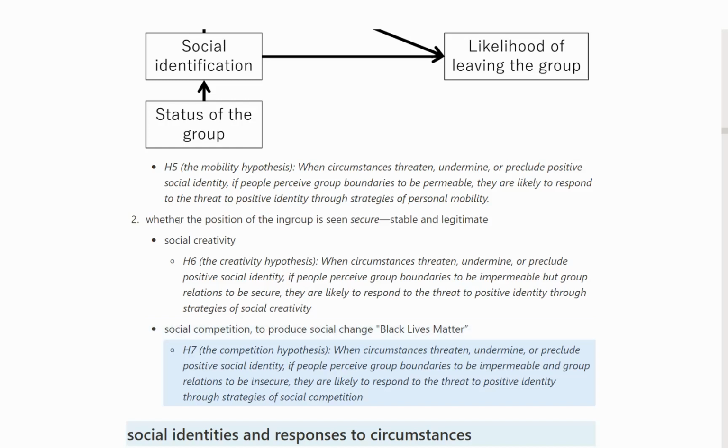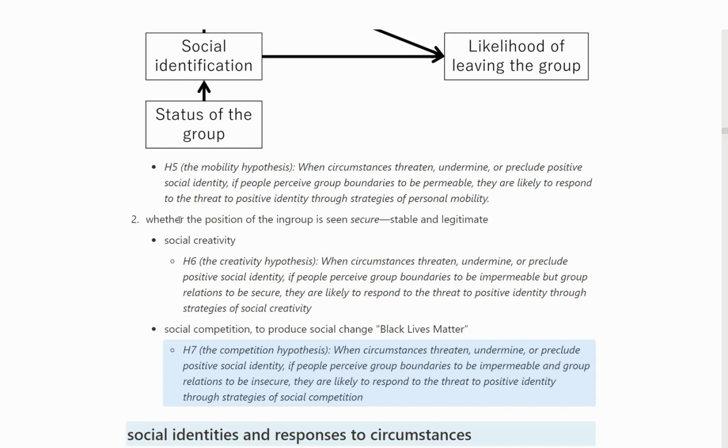So the hypothesis 7, the competition hypothesis. When circumstances threaten, undermine, or preclude positive social identity, and if people perceive group boundaries to be impermeable and group relations to be insecure, they are likely to respond to the threats to positive identity through strategies of social competition.